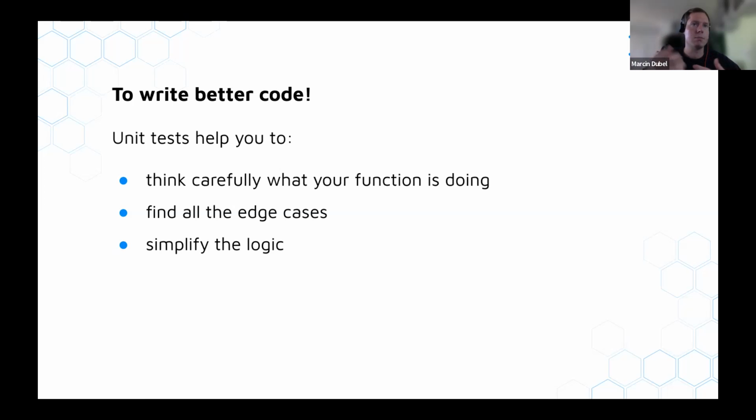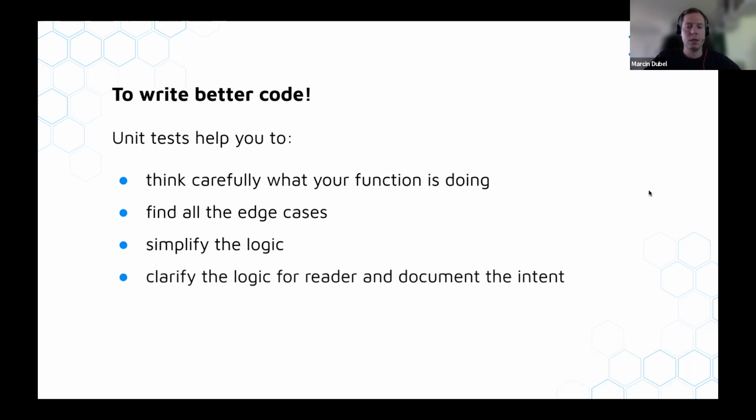Maybe there are some steps that can be modified, and this is what you might notice when you come back to your function and notice that it's hard to write tests for it. It will allow you to simplify. I have an example right on the next slides.